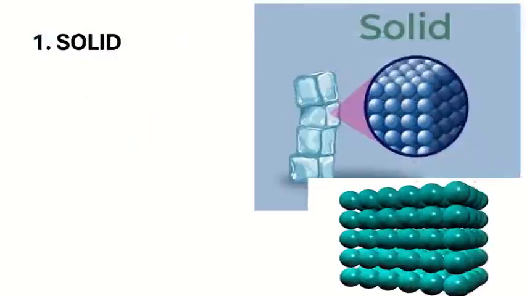Then let's take the states one by one. Let's consider solid. You have now agreed with me that the particles are the things that come together. So here, let's consider the ice cube. If you view this ice cube microscopically, you are going to see the molecules of the ice as the circles.